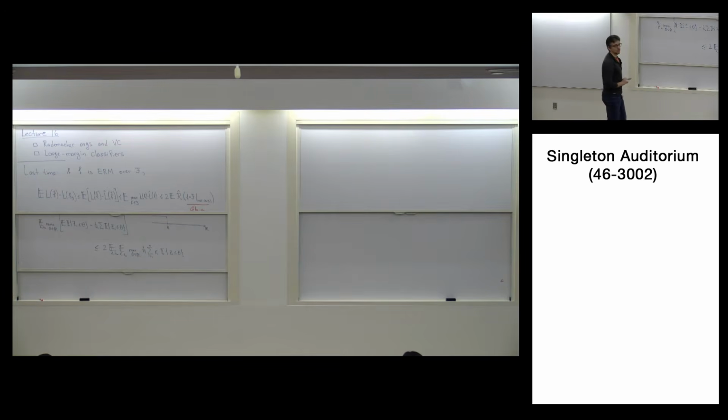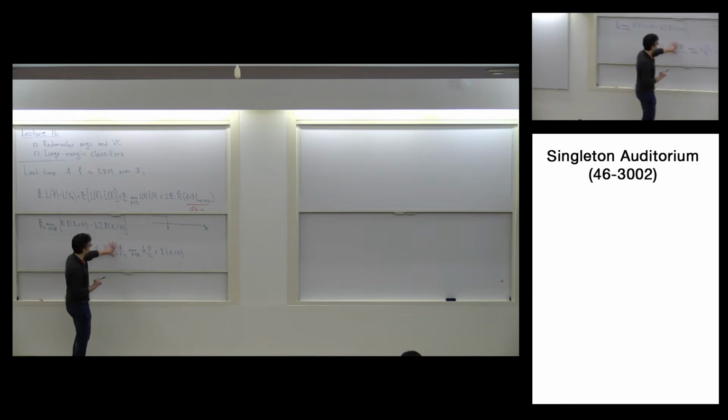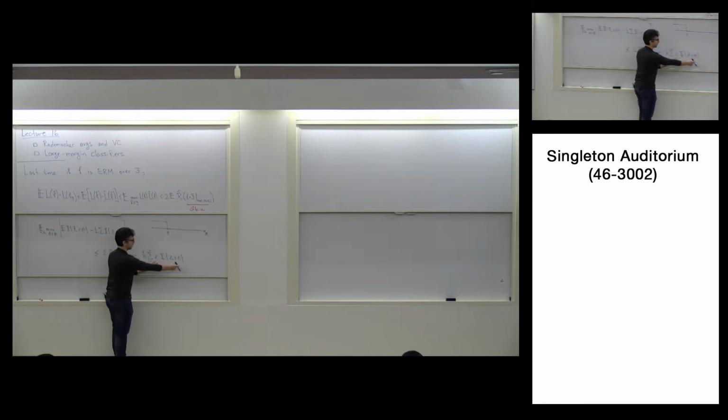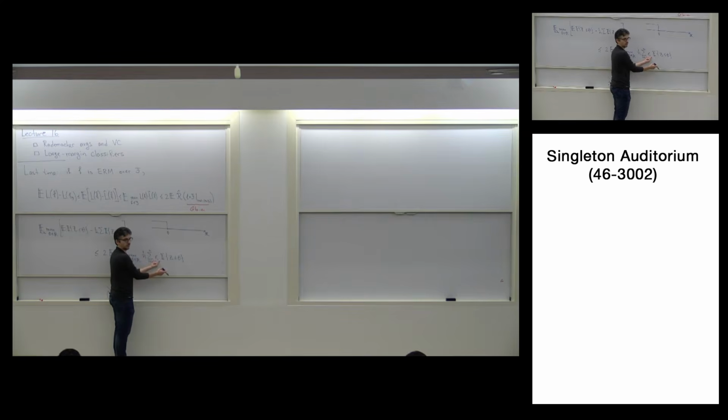And now here comes the amazing realization. Fix z1 through zn. Think of them as fixed. This is the symmetrization. This is the inner product between a vector of epsilons and the vector of evaluations of this G on the data Z1 through Zn.